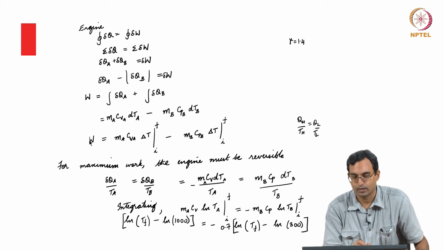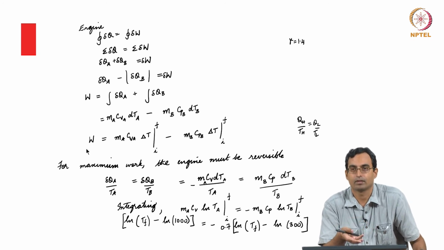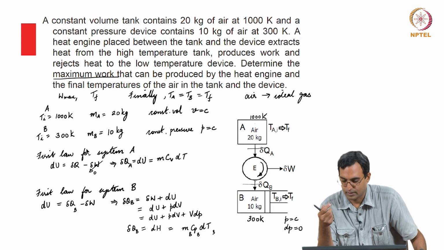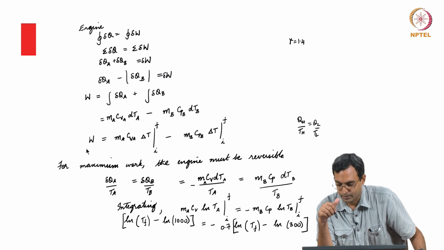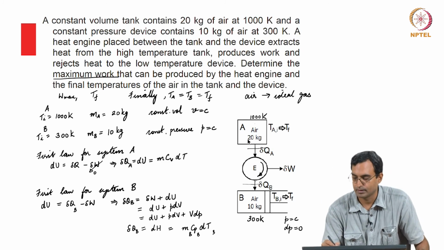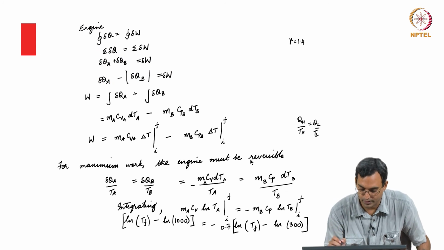So the work would turn out in this case to be negative, which is essentially the work for the engine, because it would actually turn out to be negative, which is not going to be correct, because I have written this from the perspective of this system over here, not from the perspective of the engine. But as long as I know that, it's okay.